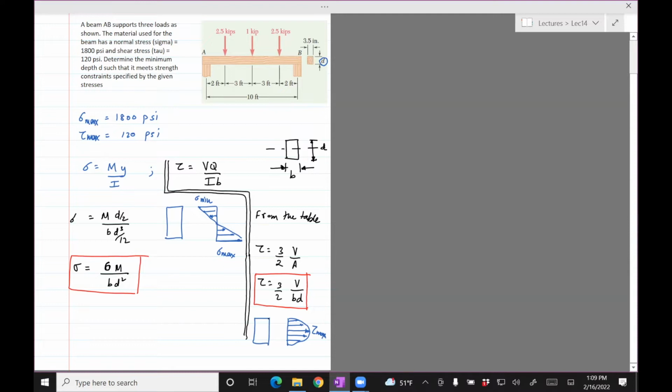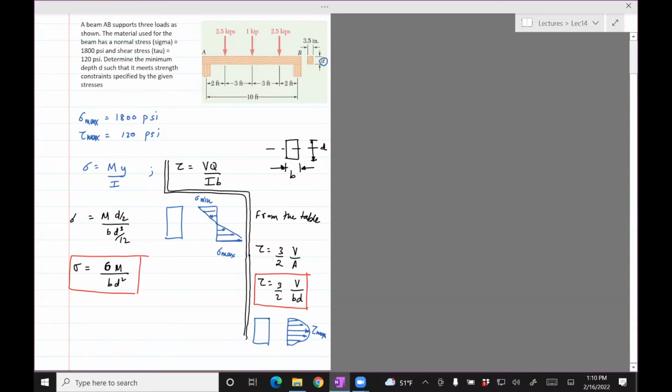The other way is to first use the maximum shear stress as the design criterion for D, and then check if sigma meets the sigma maximum limit. This is one of those problems where two things are given, but you don't know which applies, so D will be based on whichever meets both conditions.